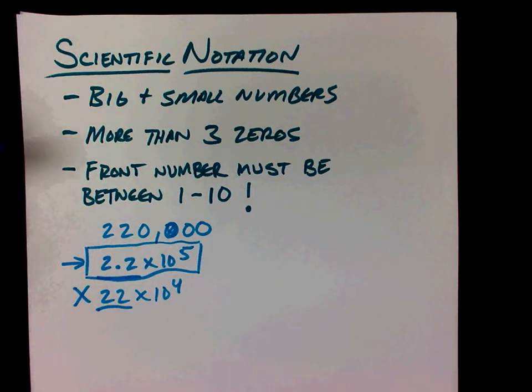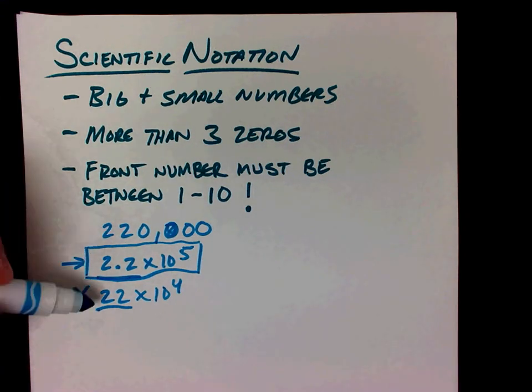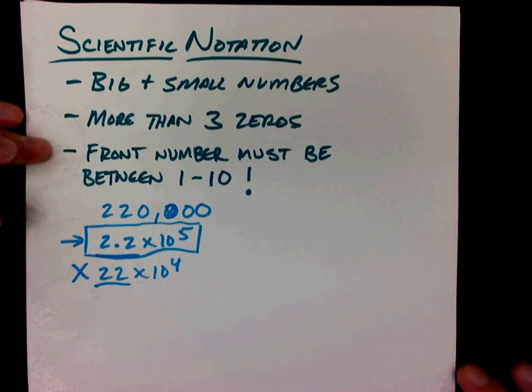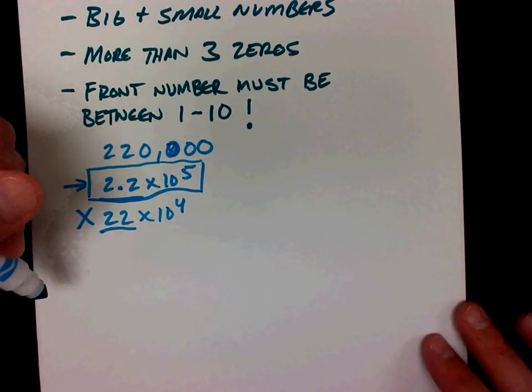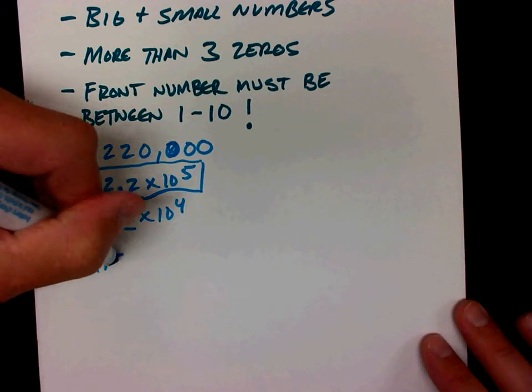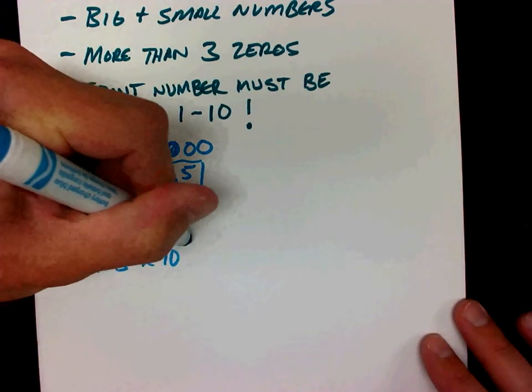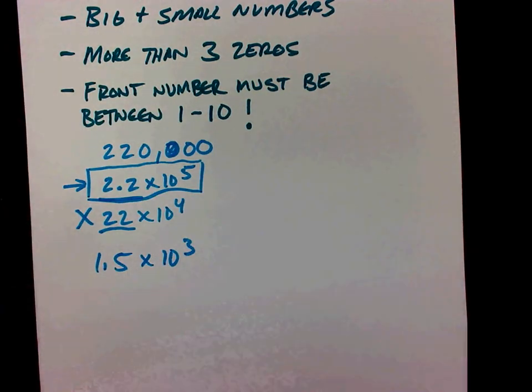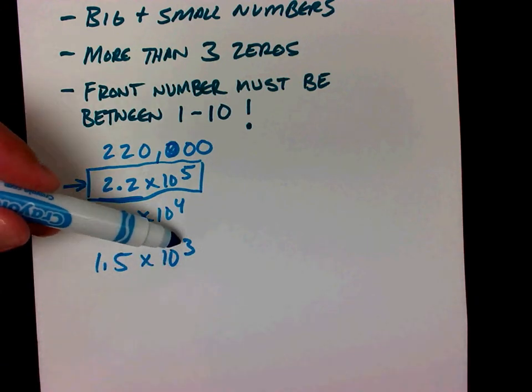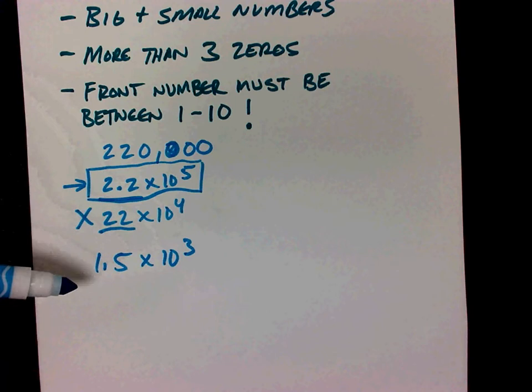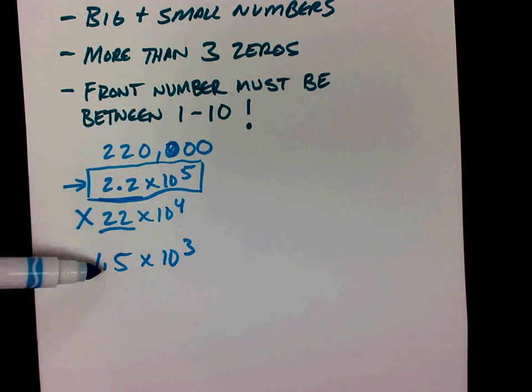So we can either take numbers from a regular number and put them into scientific notation, or we can take a number that's in scientific notation. So let's just do 1.5 times 10 to the 3rd, and we could put that into a regular number as well. The exponent tells us how many places the decimal gets moved. And so in this case, we're going to need to move this decimal 3 places.